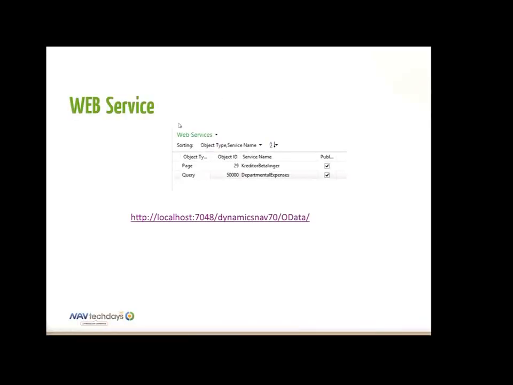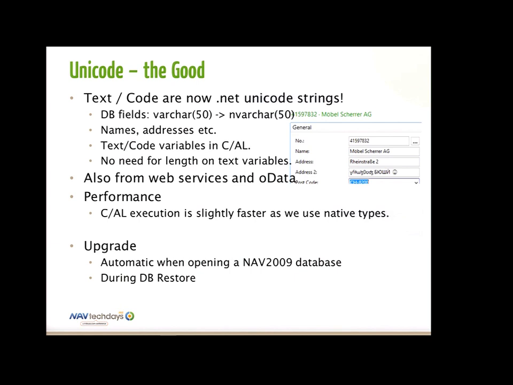The reason we're hurrying is Unicode, because there are some good things about Unicode. From a technical standpoint, what happens on the SQL Server is that we use nvarchar instead of varchar. The difference is that we support Unicode, obviously. I don't know if you can see it here.